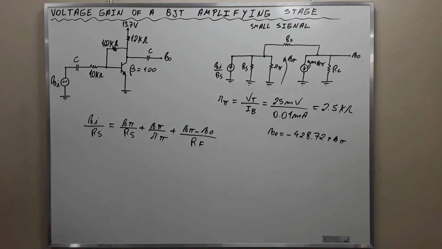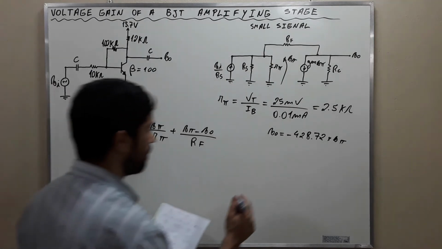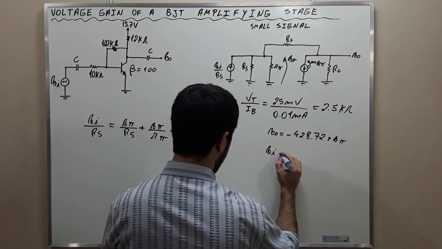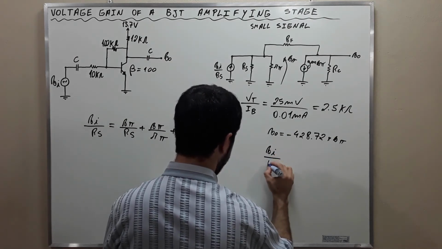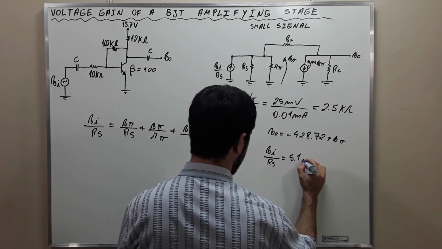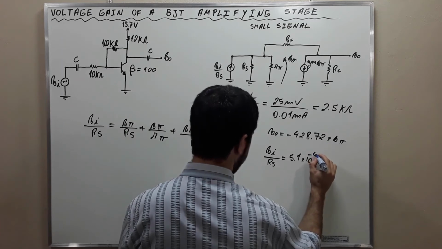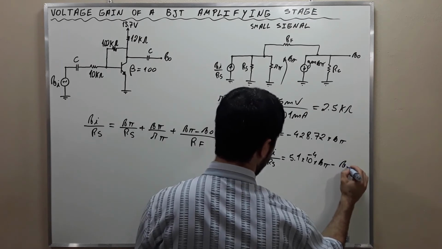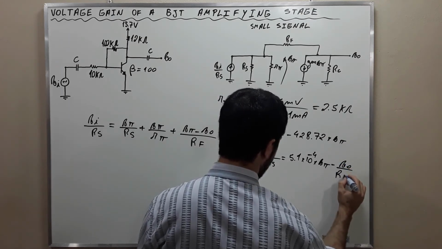And developing this and using the values of RS, R pi, and RF, we get that VI over RS is equal to 5.1 times 10 to the minus 4 times V pi minus VO over RF.